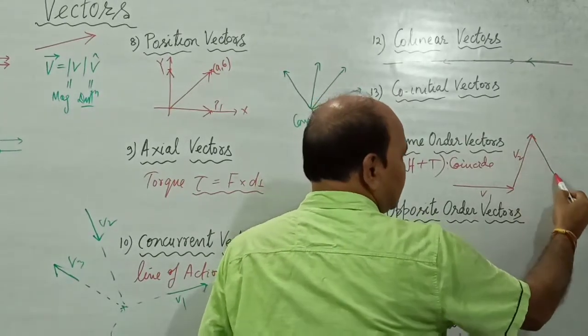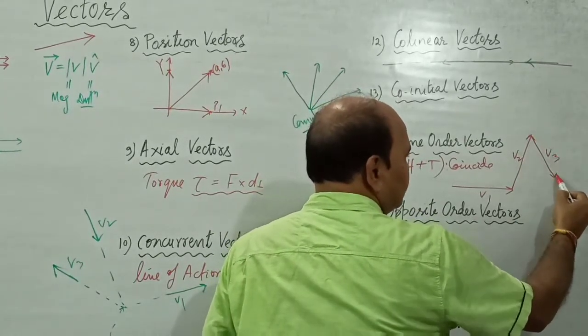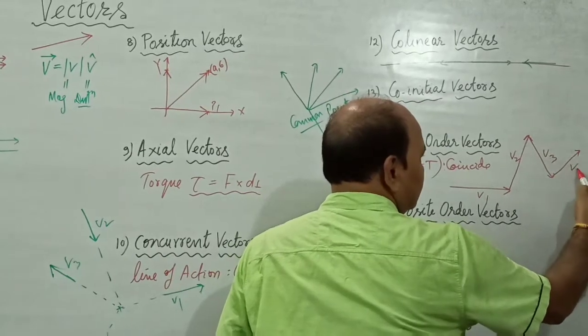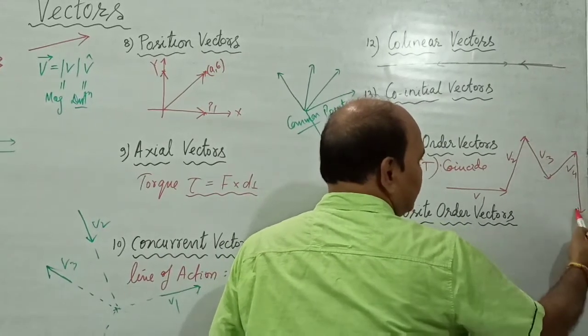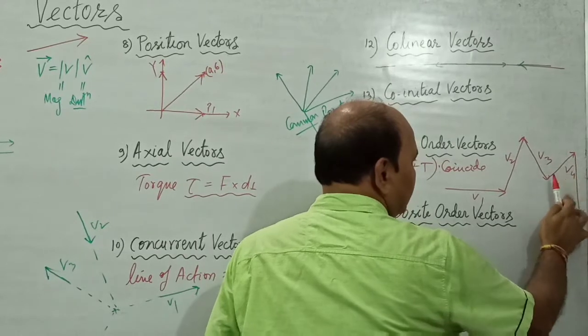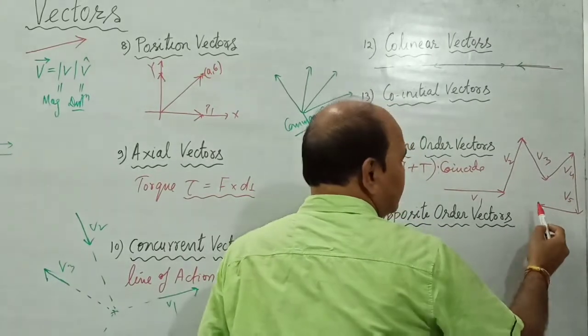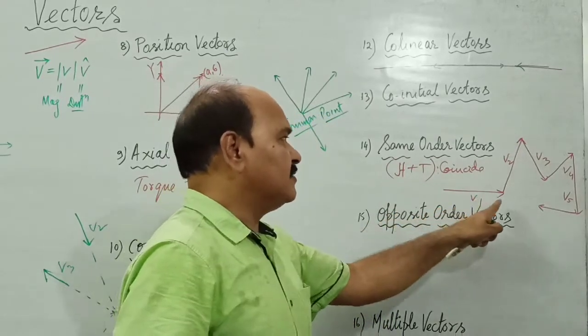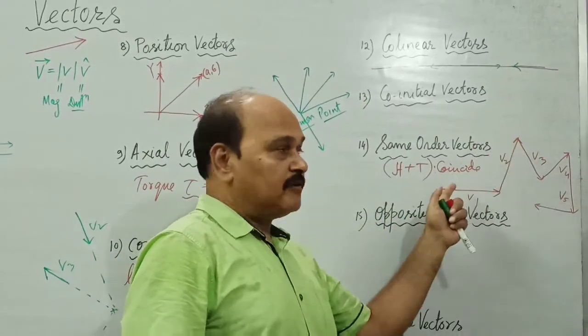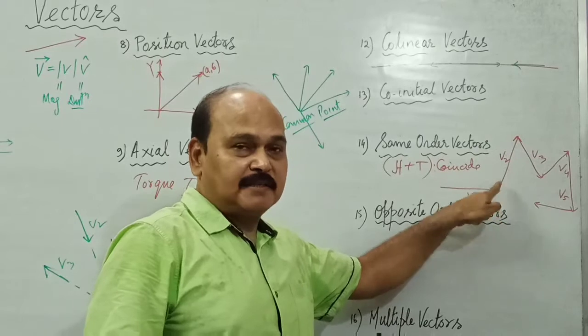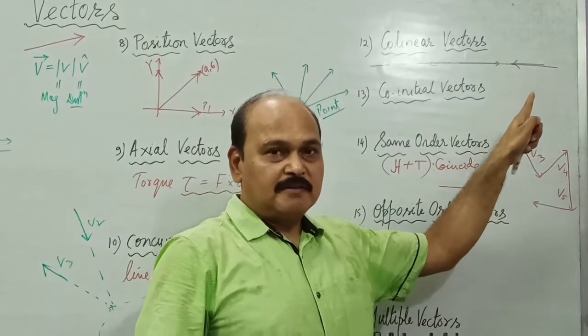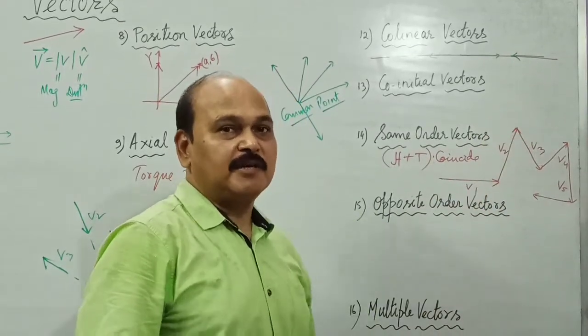If we make a vector like this, this is V3. So all these vectors are same order vectors. Why? Because they all show one property: the head of a vector coincides with the tail of another. Where one vector ends, the second vector starts from there. That way the vectors are in same order.